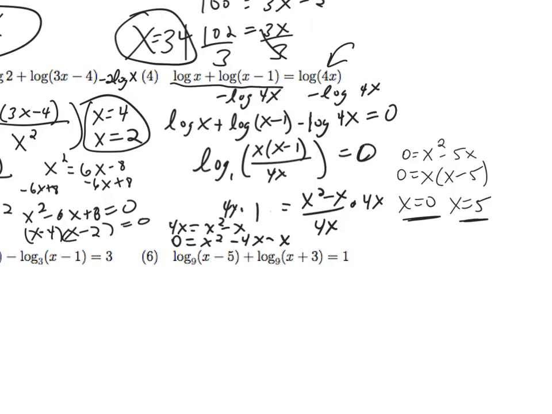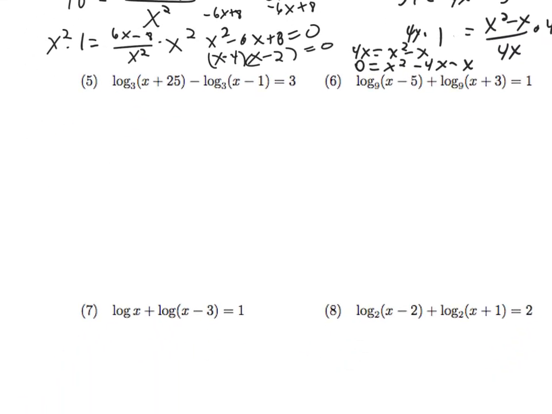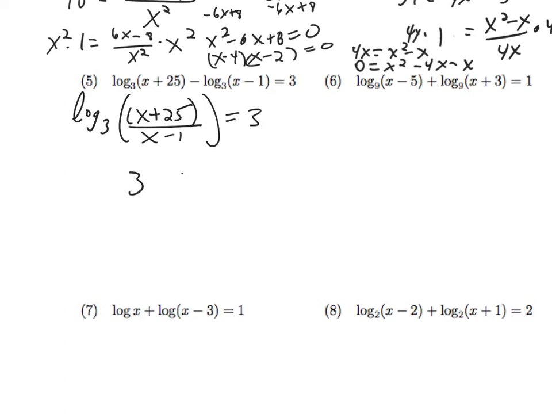Okay, let's keep it going here. Looking at this next fun one. Log base 3 of (x plus 25) over (x minus 1) equals 3. 3 raised to the power of 3 equals (x plus 25) over (x minus 1).